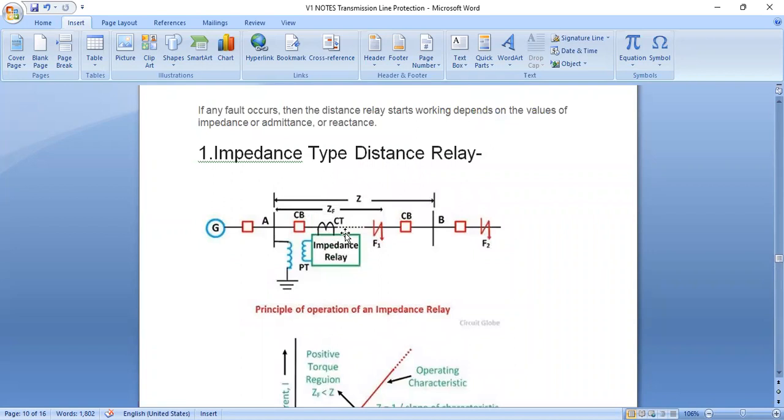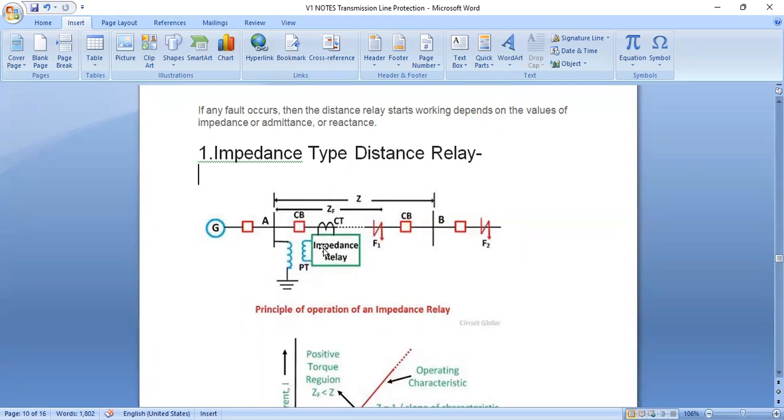This is the circuit diagram for the impedance type relay. This is the generating station, then this is A and this is B. We connect the impedance relay across the CT secondary.